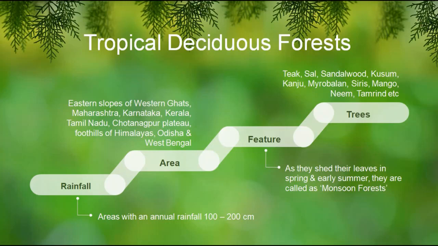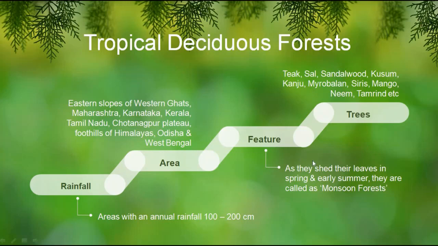On the eastern side of the Western Ghats, there is deciduous forest. And in some parts, the states are Maharashtra, Karnataka, Kerala, Tamil Nadu, Chotanagpur Plateau, foothills of Himalaya, Odisha, West Bengal. In these areas, you can find deciduous forest.